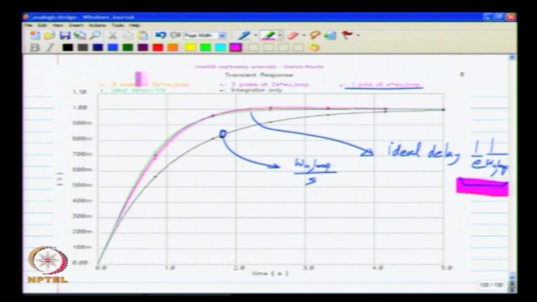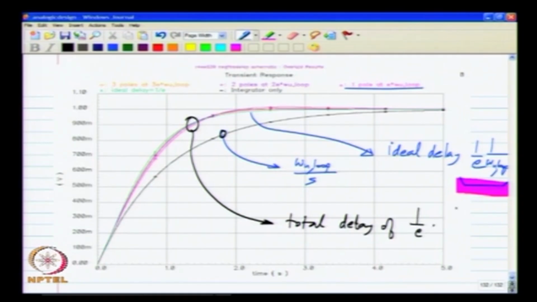I have taken 3 extra poles and 4 extra poles and so on. All of them are bunched together in this area. In fact, the higher the order, the closer it becomes to the response with an ideal delay. All these correspond to a total delay of 1 by E times 1 by omega u loop.